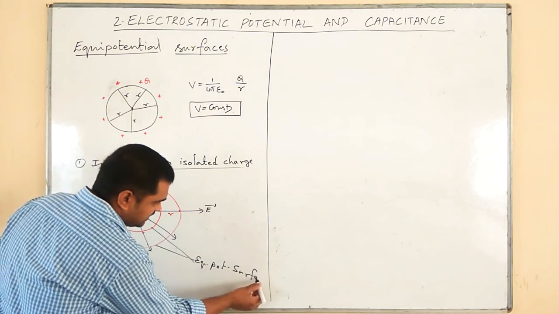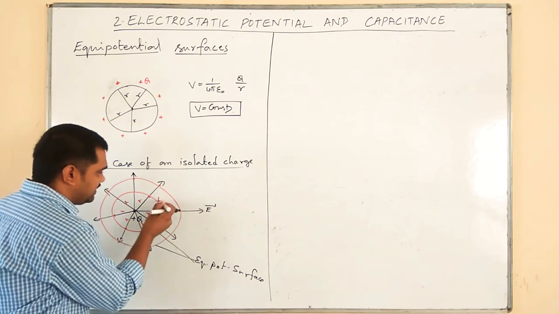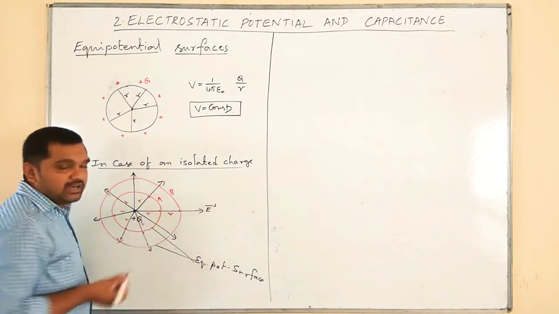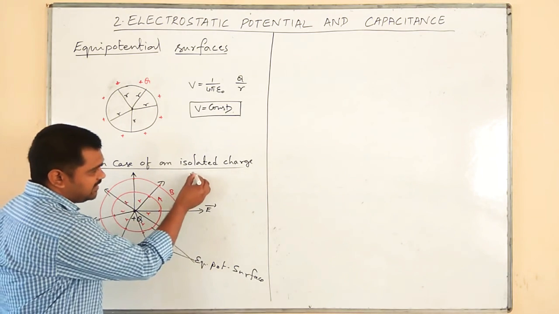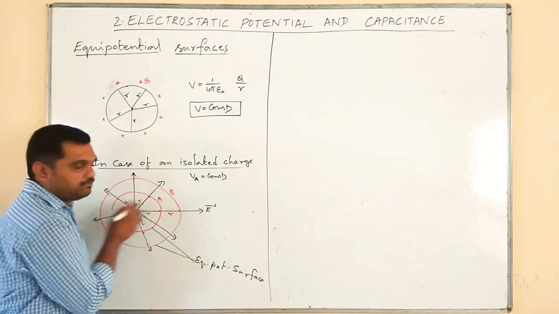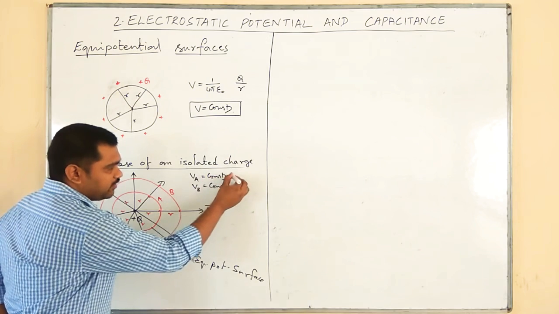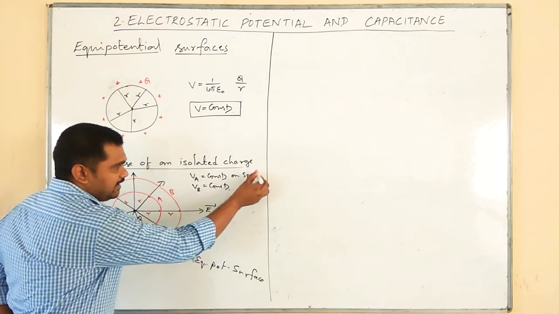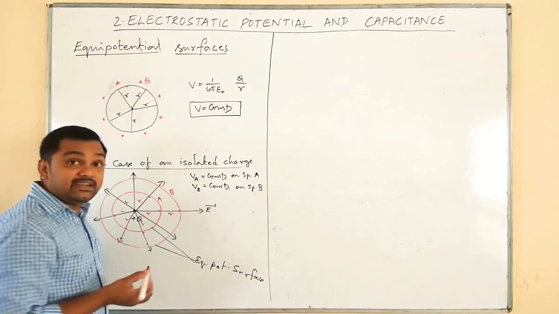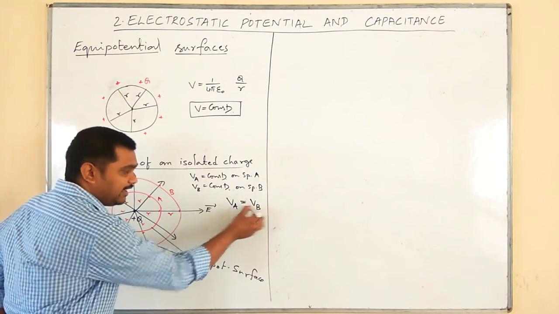If you name them surface A and surface B, the concept of equipotential surfaces says that VA is equal to constant on sphere A, and VB is equal to constant on sphere B. It doesn't mean that VA is equal to VB.